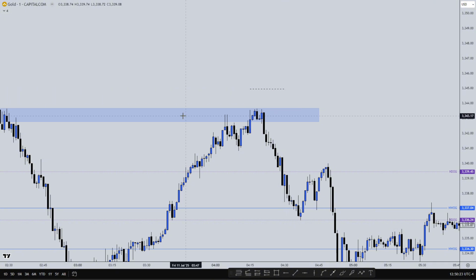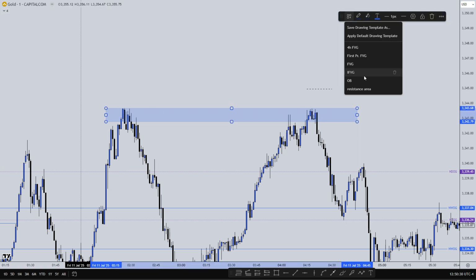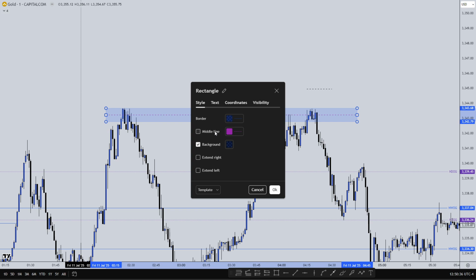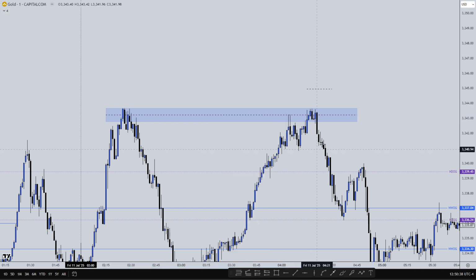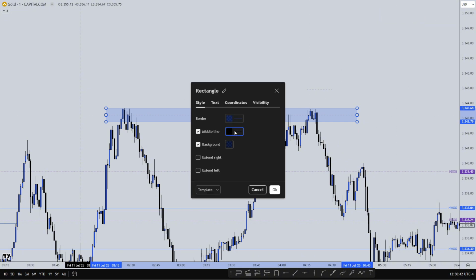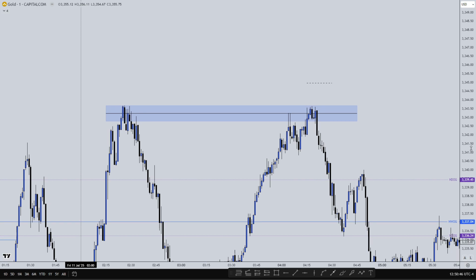All right. So remember, this is the 15-minute wick that the prices didn't close above. And we will add the middle line. All right. So we are on the 1-minute time frame.